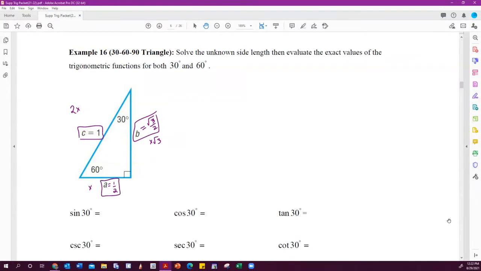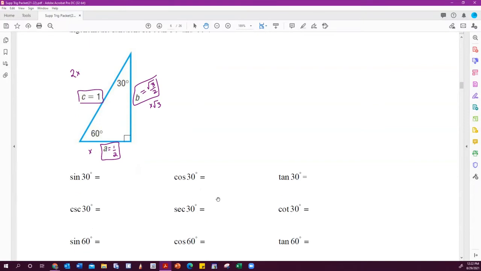With those numbers labeled, I'm now going to calculate the trig functions asked for below. So sine of 30 is, from the 30-degree angle, opposite 1/2 over hypotenuse 1, which is 1/2. Cosine of 30 is going to be rad 3 over 2 over 1.